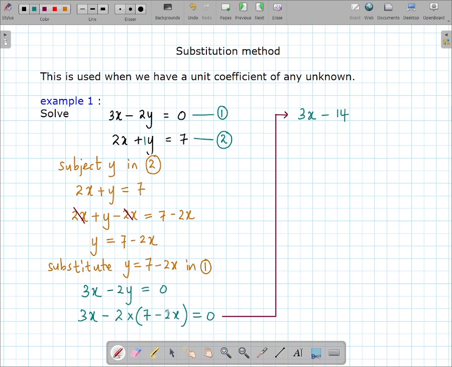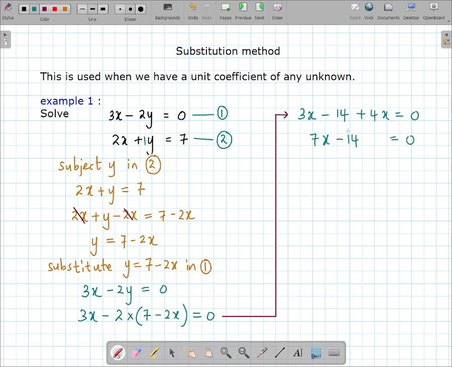Minus 2 times minus 2x is plus 4x equals 0. Then I can see like terms, 3x plus 4x, that is 7x minus 14 equals 0.